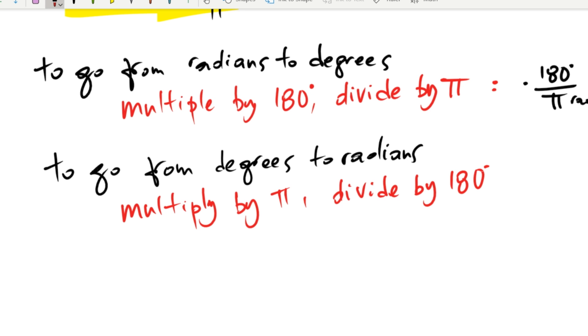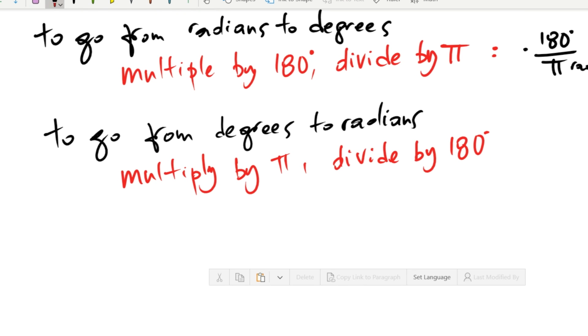So we have multiplied by pi radians and divided by 180 degrees.